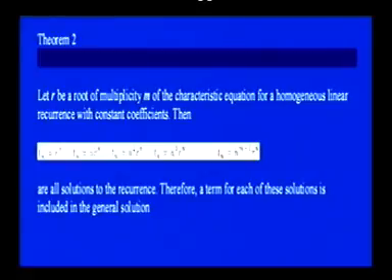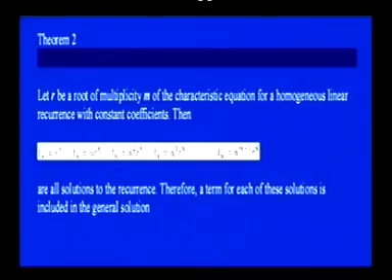Suppose if this is the case, the contribution of every root to the solution will be like this. So, the first contribution will be r power n. If the same root is coming again, the contribution is n into r power n. Please see very carefully.